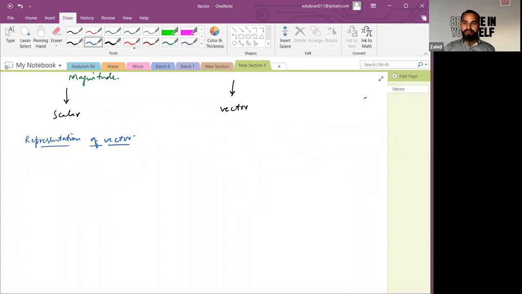We can represent a vector in two different ways. First is called the analytical way and second is called the Cartesian form.